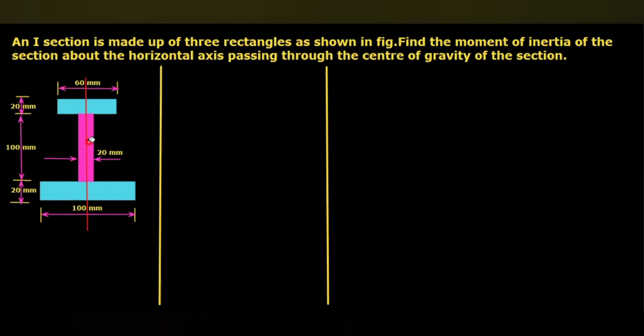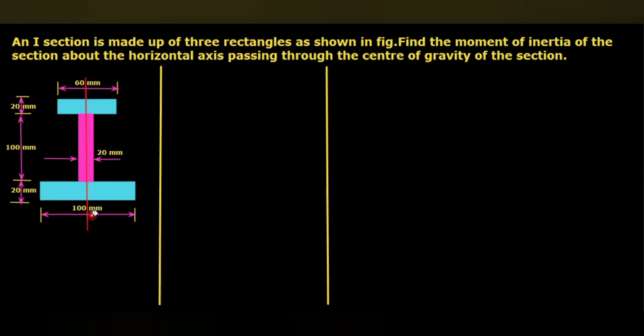So first we have to identify the center of gravity of the I section. To calculate the center of gravity, as per our convenience, we will split this I section into three rectangles: rectangle 1, 2, 3.